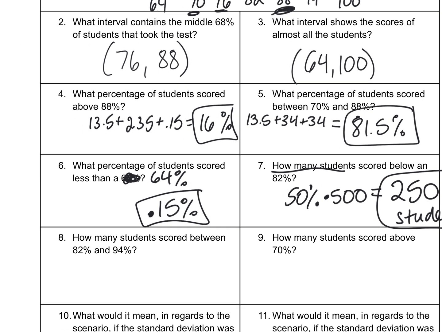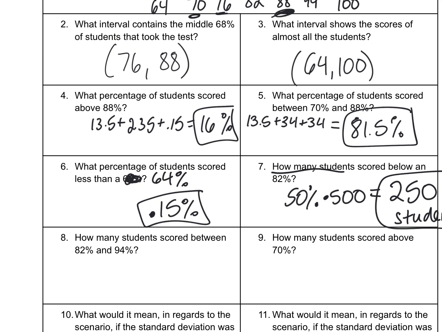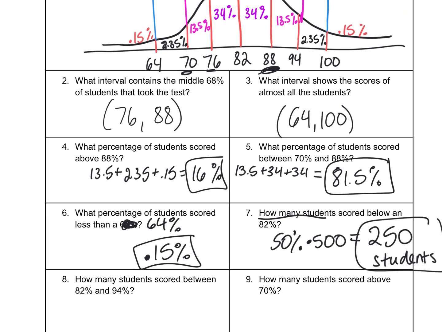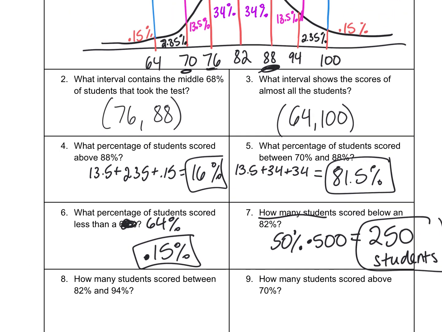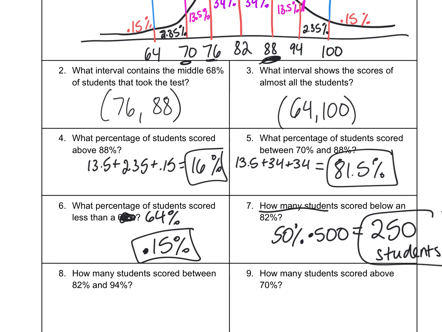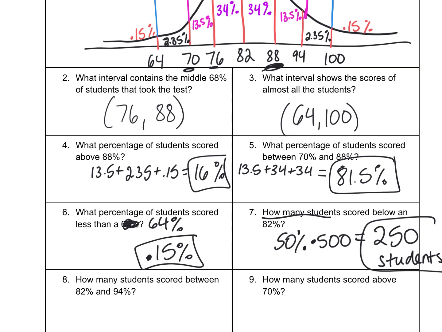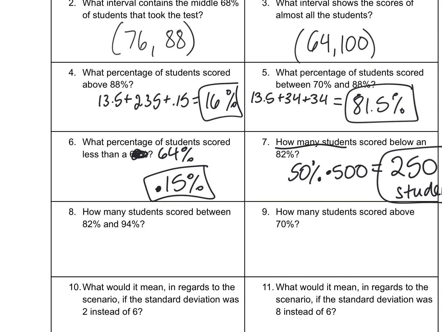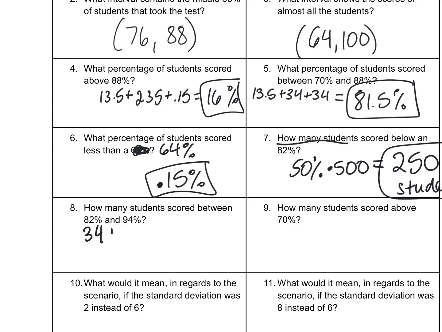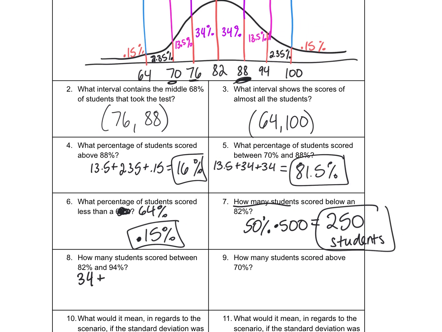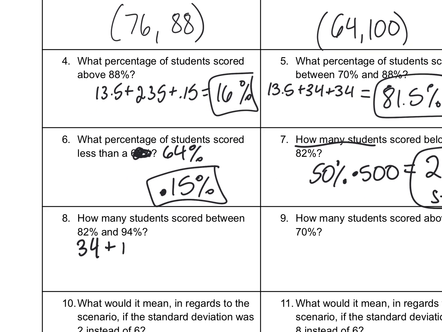Okay, and then how many students scored between 82 and 94? I had 237. Okay, perfect. So between 82 and 94, we add up those percentages, just like we did for number 7. So I'm going to add 34 plus 13.5%, and that's going to give me 47.5%.